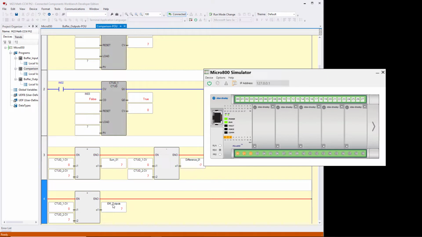Now I could always, no, I can't do that. I can't even go change this to 7 because this rung is true, and it will add these two values and put it in embedded outputs whether I like it or not. So that's as far as I can go. If I put in a higher value for process variable, then I could keep counting up.